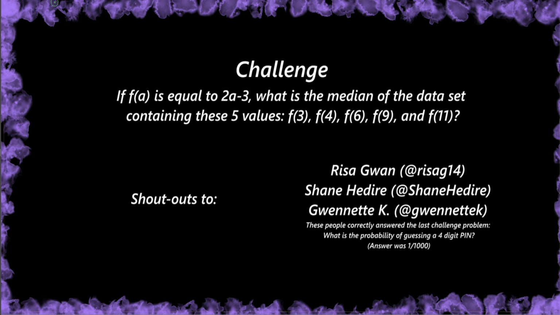And the way you can get this is, there are 10 numbers for each digit in the PIN, 0 to 9. So there's a 1/10 possibility of getting each one right. Multiply that by 4, and that would be 1 over 10,000. That will be all.